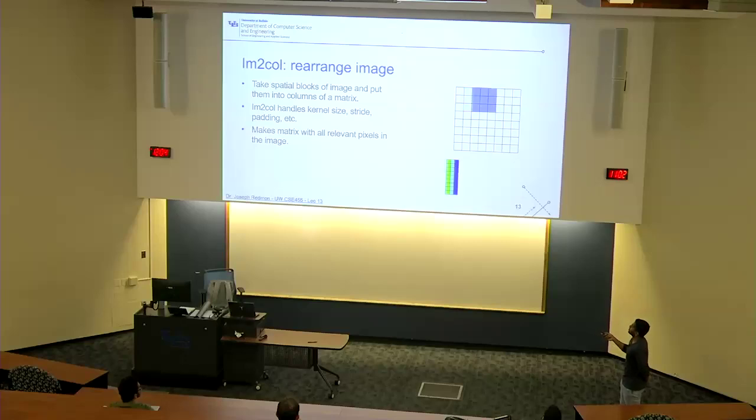So this implicitly takes care of kernel size, because if you have a bigger kernel, then this will be a longer column vector. Depending on stride, if you're skipping 1 row every time with a stride of 2, then that doesn't change anything really. You just end up with fewer column vectors. Similarly for padding.